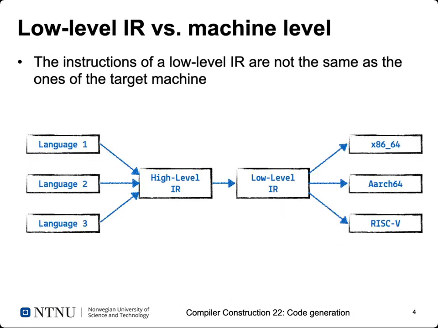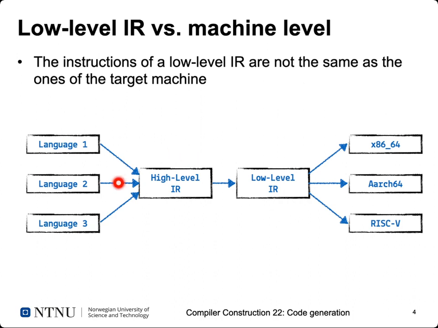So when we are considering compiler backends, we know that the instructions of the low-level intermediate representation here, which is located somewhere here in this abstract view of compilation, are still not the same as the ones of the target computer we're actually planning to generate code for. So we have all the different languages here on the left-hand side, our source languages that might be C or Pascal or of course our VSL language.